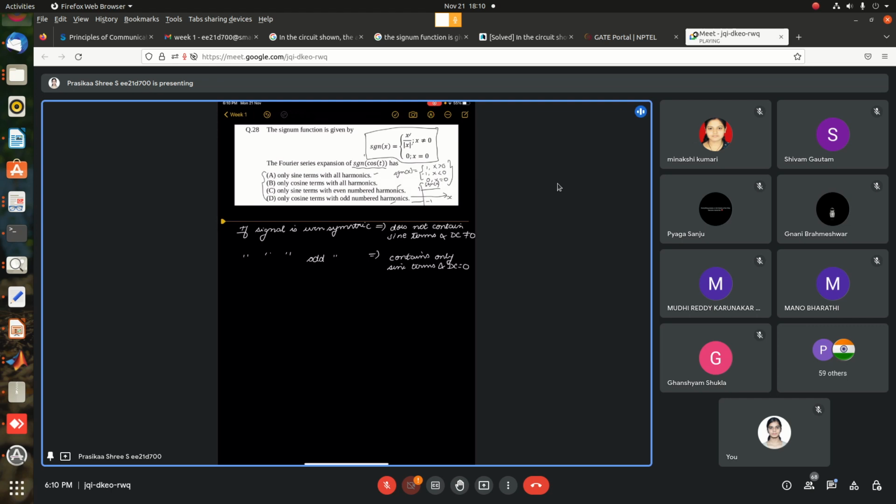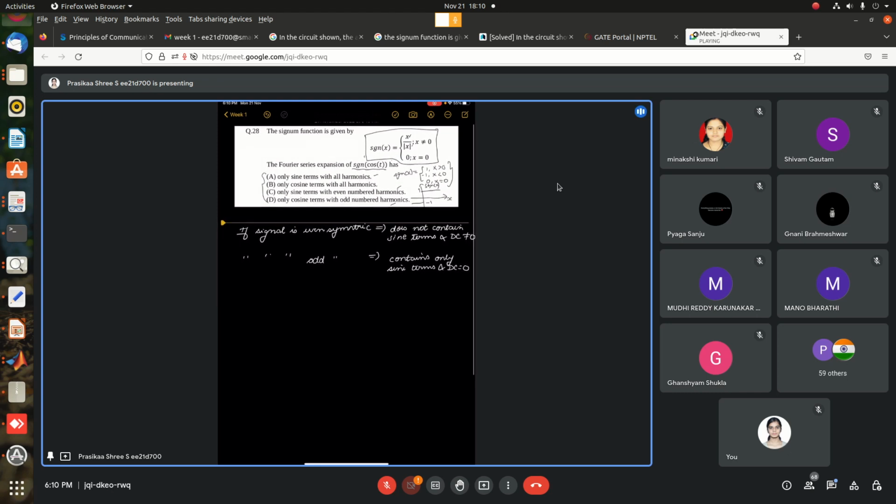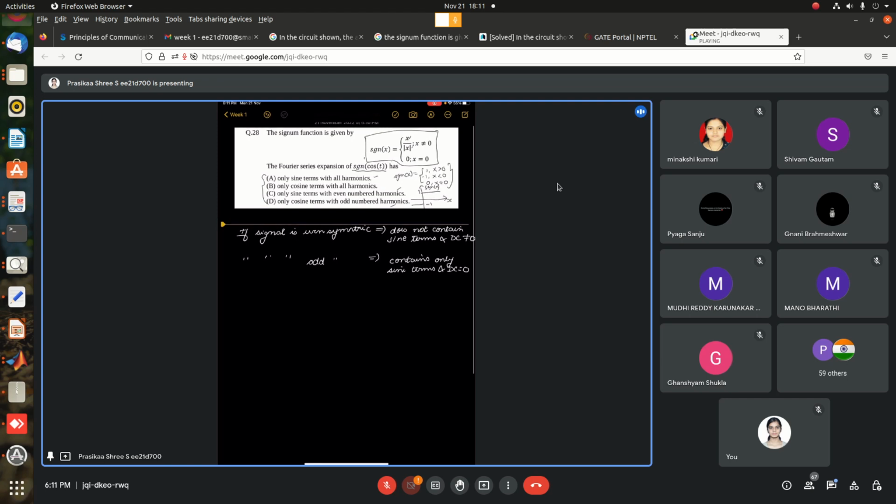So if a signal is even symmetric, it is guaranteed that the DC coefficient will not be equal to 0, and it should not have any sine terms, meaning that the coefficients b_k will be 0. But if it is odd symmetric, it contains only sine terms, the coefficients of cosine terms in the trigonometric expansion will be all zeros, and the DC component will be equal to 0.